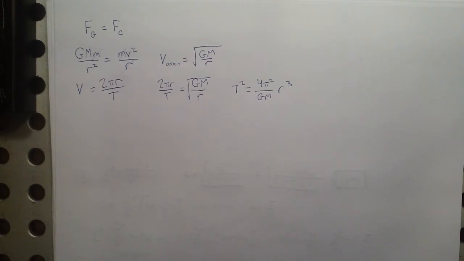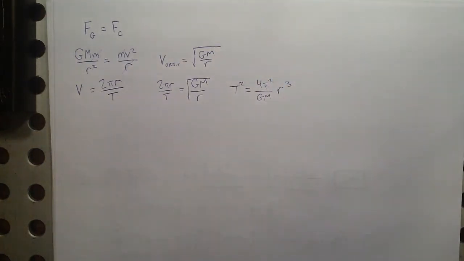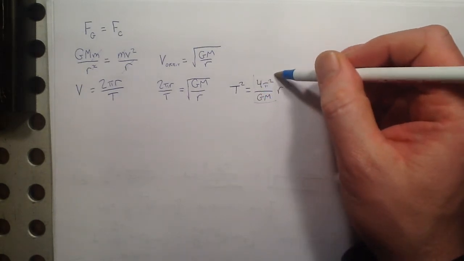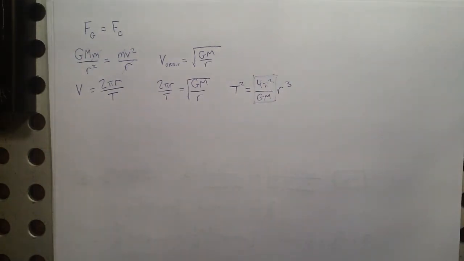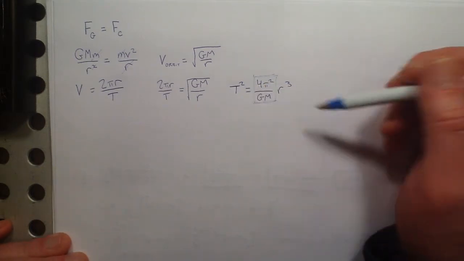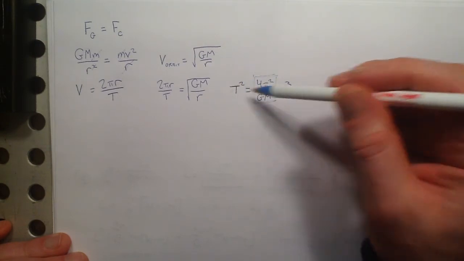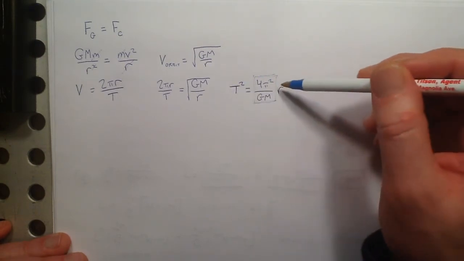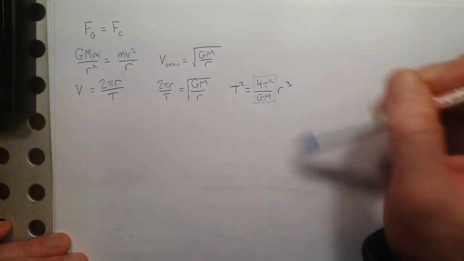Sometimes called Kepler's law of periods. But that's how you derive it, right? And this, notice, is a constant. I'll just forewarn you that at some point you might see a free response question where you're given some T values and r values, and it says, what could you graph to get a straight line that would yield the mass of the central object?